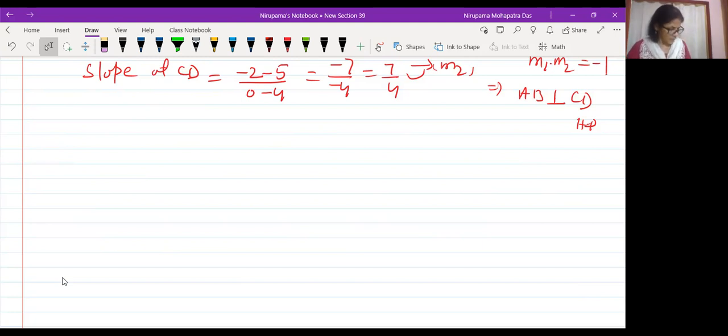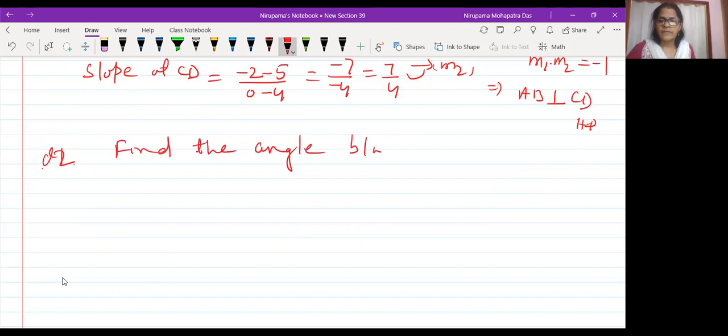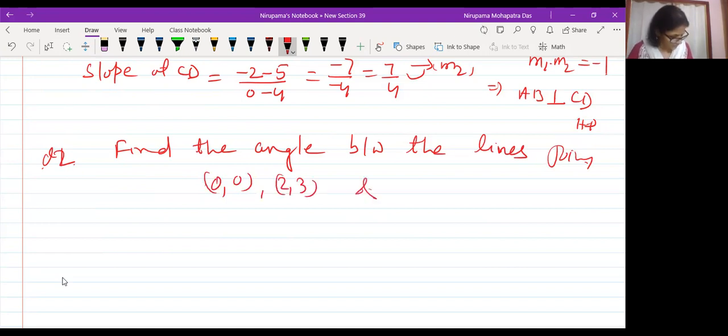Find the angle between the lines joining (0, 0), (2, 3) and (2, -2), (3, 5). Yeah, this is the last question.